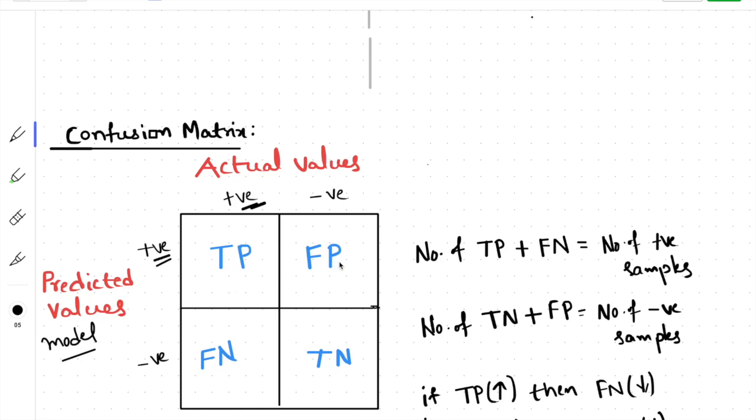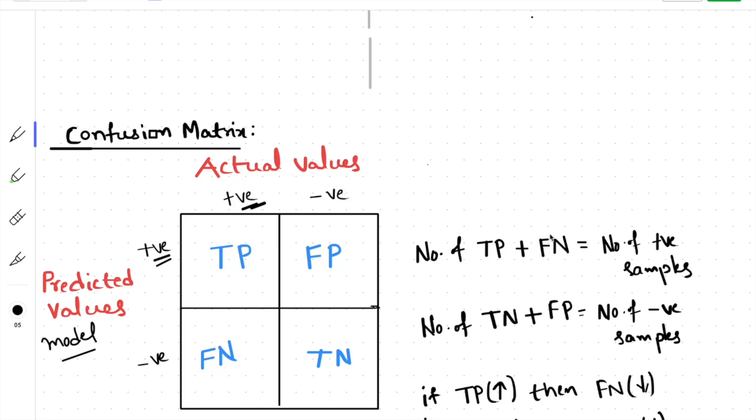And in this quadrant the model is predicting the sample to be positive, but the actual value is negative. So in that case it would be a false positive. Similarly, false negative would mean the model is predicting negative for an actual positive sample, and for true negative the model has predicted negative and it is also actually a negative sample.